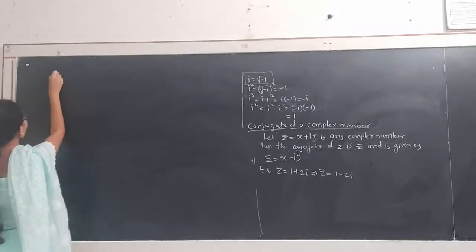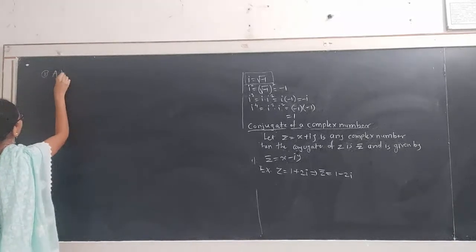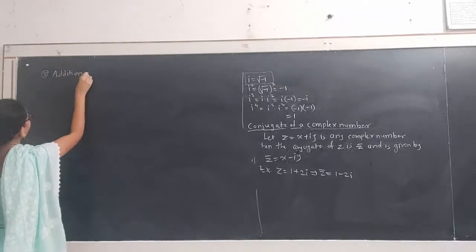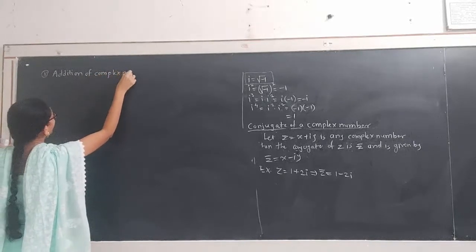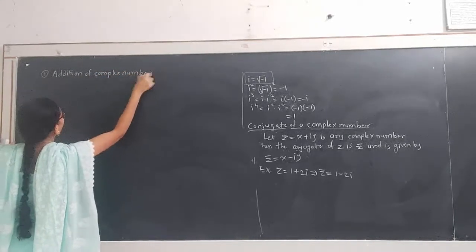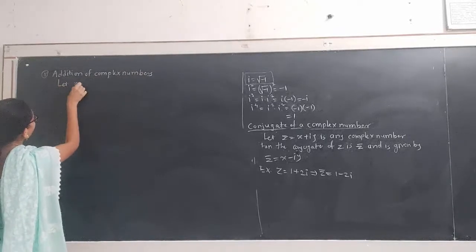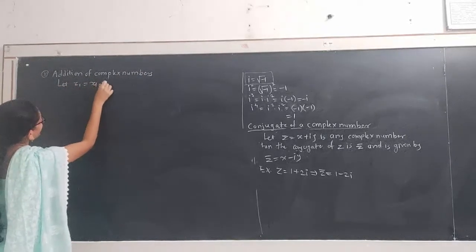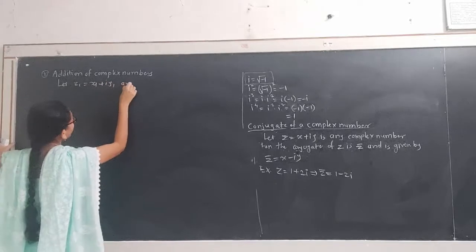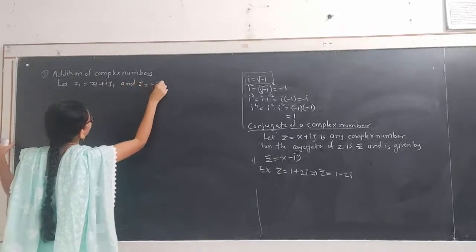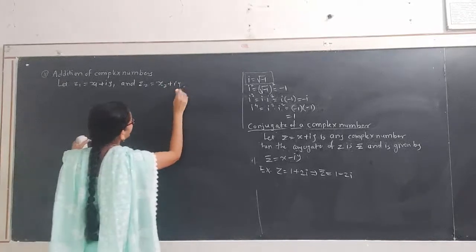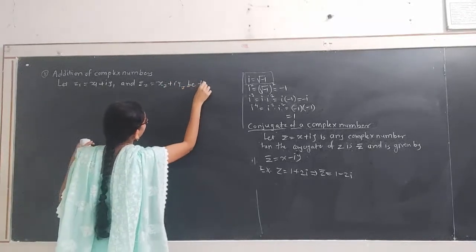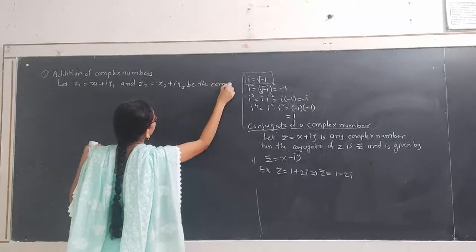Let z1 equal x1 plus iy1 and z2 equal x2 plus iy2 be two complex numbers.